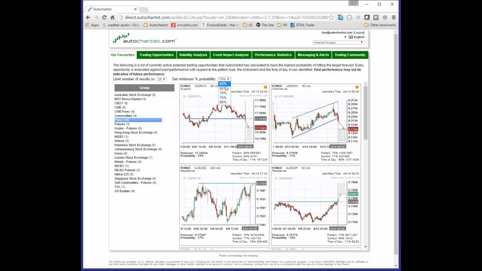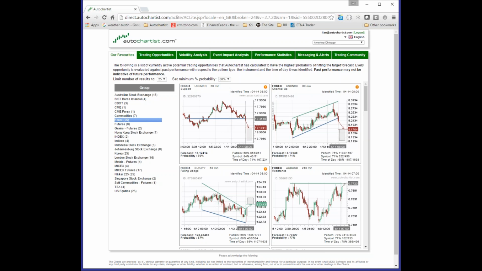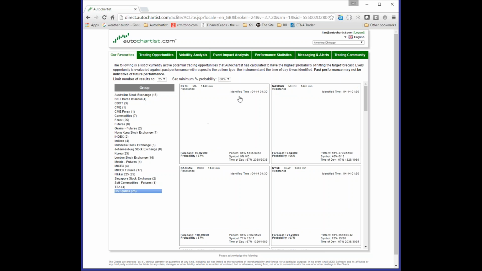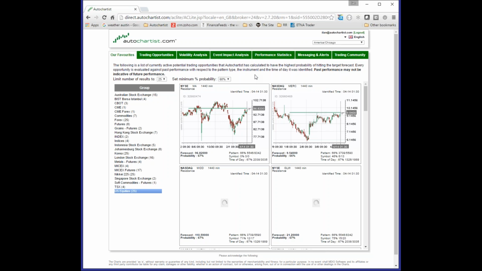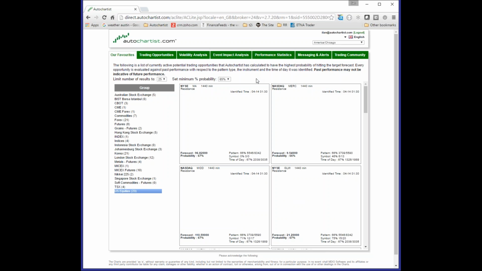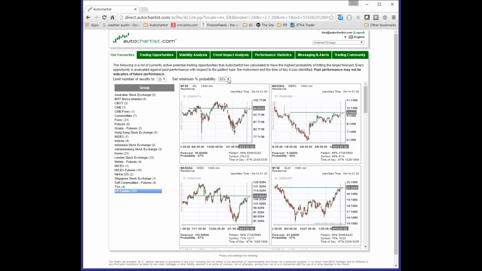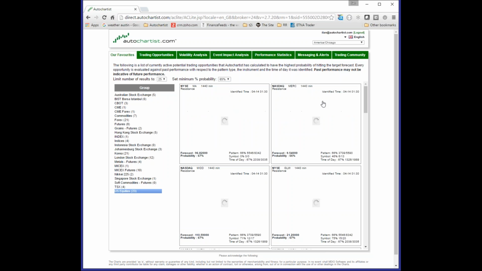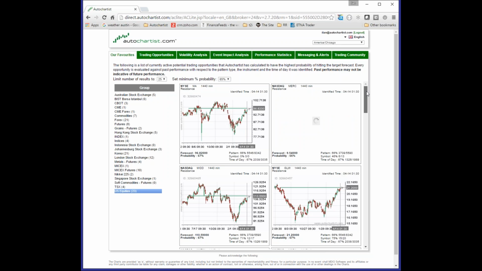Interestingly enough, the Our Favorites section is applicable to any markets that you're looking at, whether they're Forex or, for example, the US equity market. Here are opportunities over 60%, over 65%, there's 23 of them, and then there's nothing over 70%. Certainly over 65%, there's 23 potential moves.